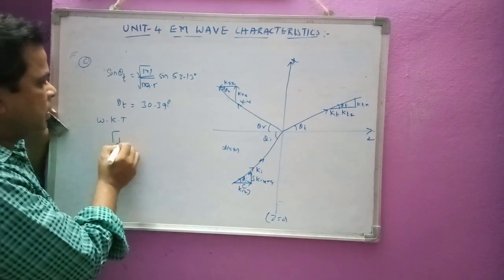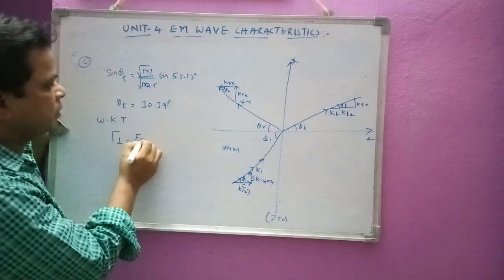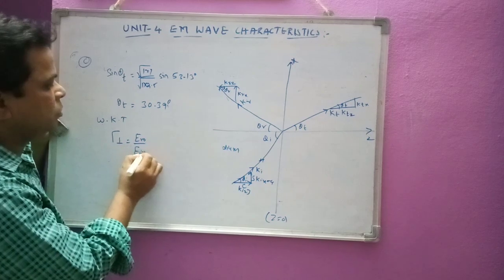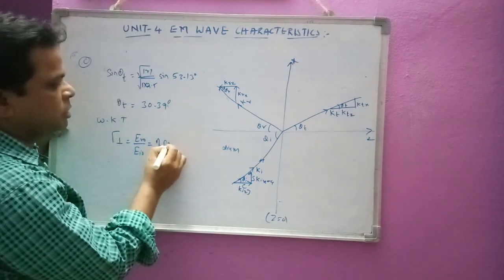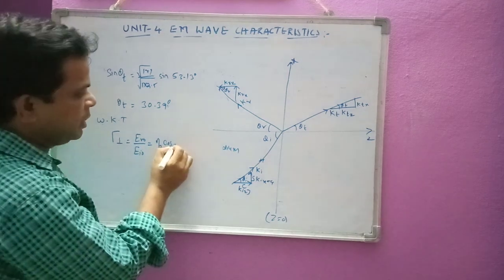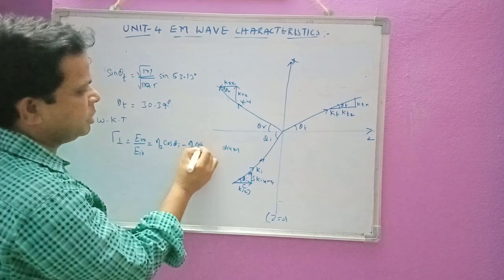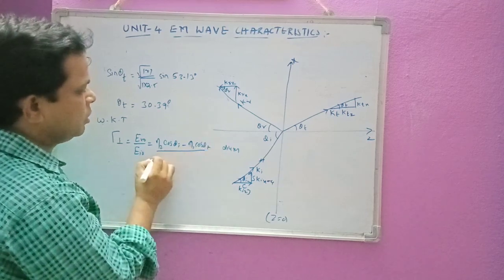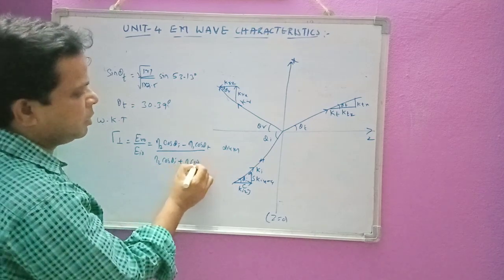So gamma_perpendicular is equal to E_R0 by E_I0, which is (eta2 cos theta_i minus eta1 cos theta_t) by (eta2 cos theta_i plus eta1 cos theta_t). We have to make use of this formula.